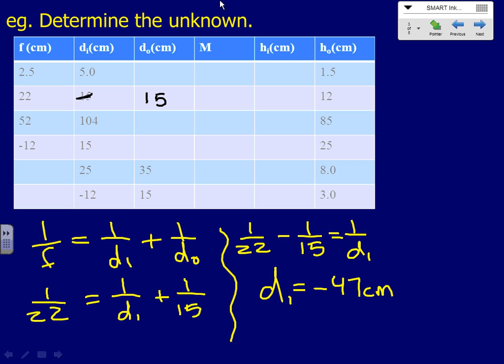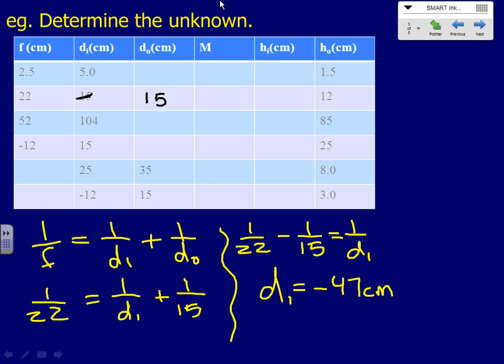Oh, you have to press the equals after that. You've got to go 22 inverse minus 15 inverse equals. Yay! Isn't this fun?